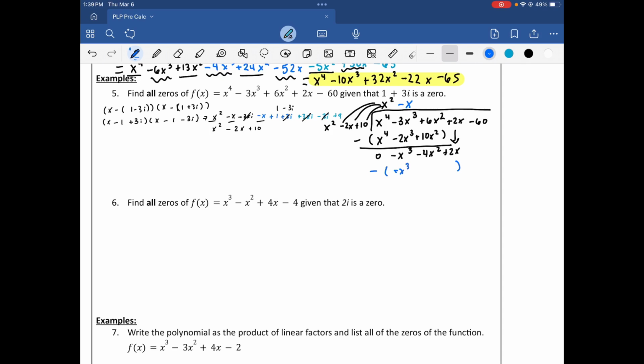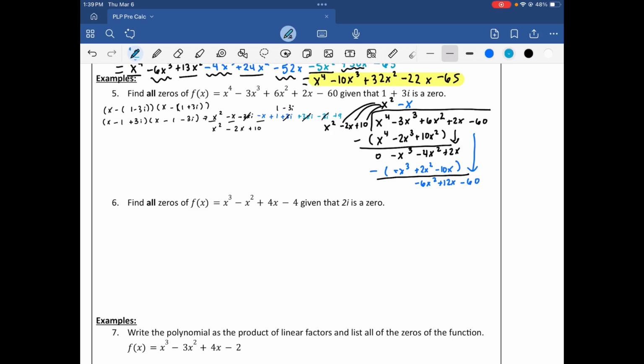So that's negative x cubed plus 2x squared minus 10x, which leaves me with negative 4x squared minus 2x squared gives me negative 6x squared. 2x minus negative 10x is 2x plus 10x, which gives me 12x. And then we are going to drop a negative 60 and repeat one more time.